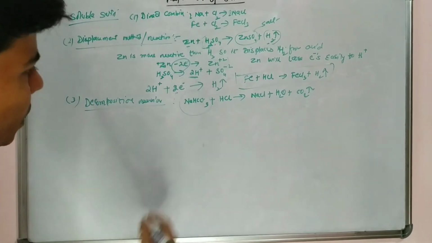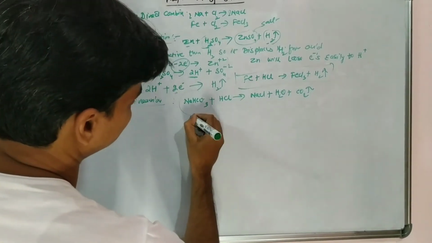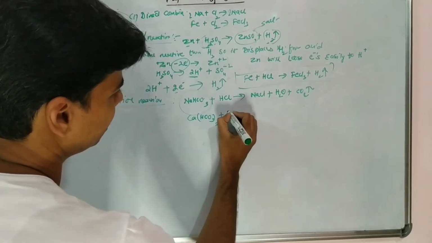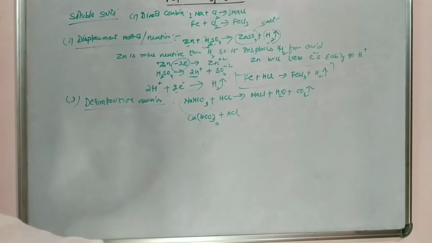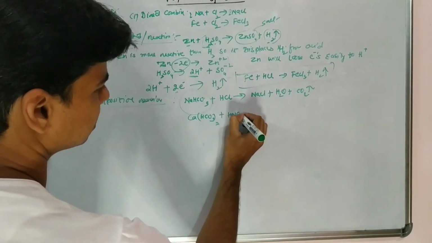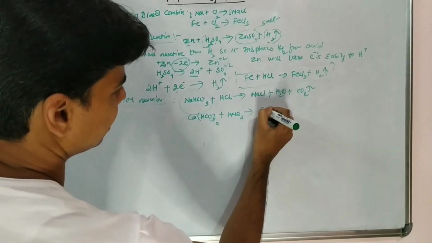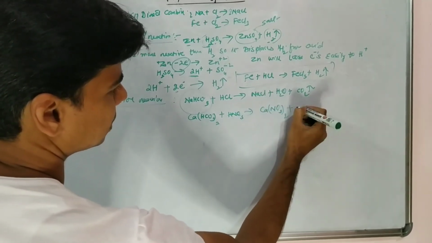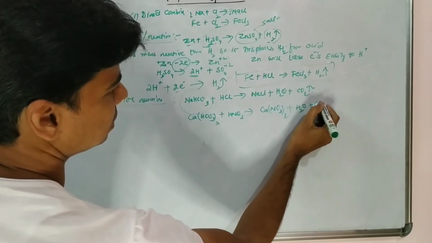Now let's take one more example. Ca(HCO3)2 will react with, say, dilute HCl, or we can take it as nitric acid. It will form calcium nitrate plus water plus CO2.